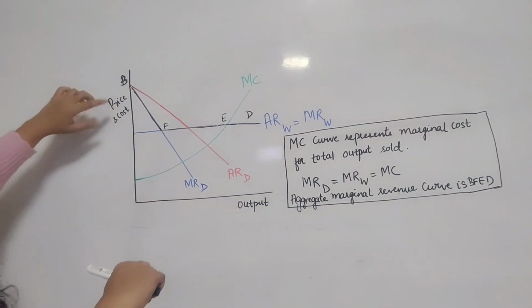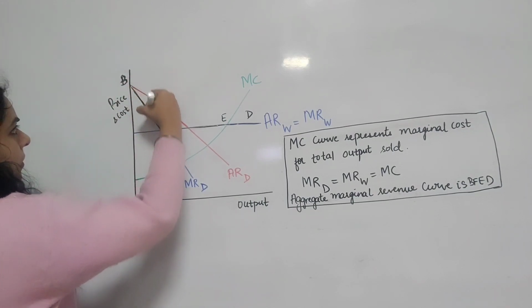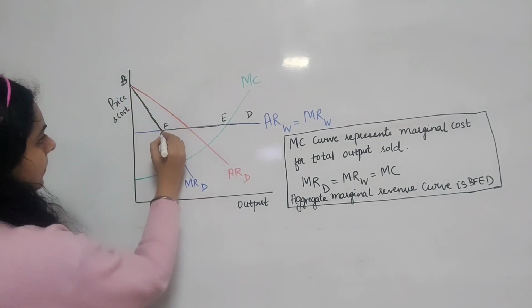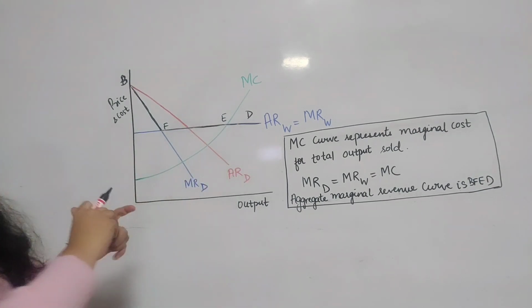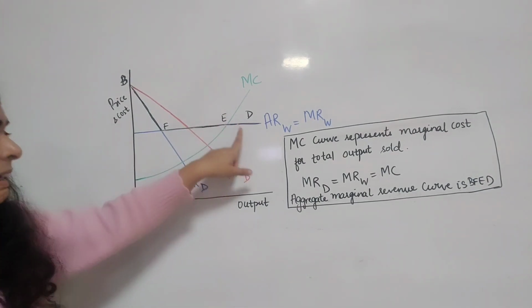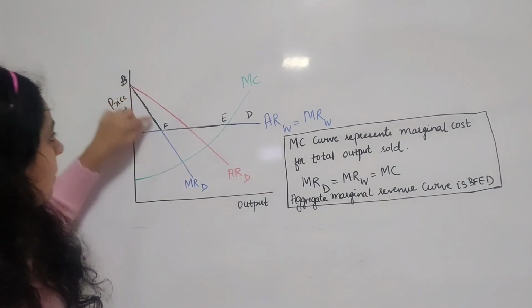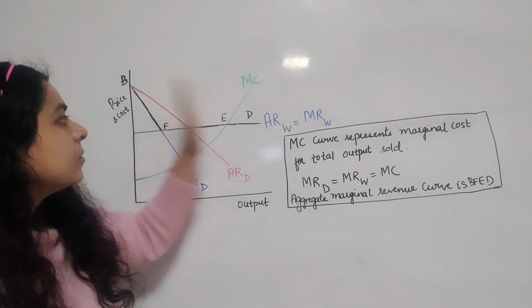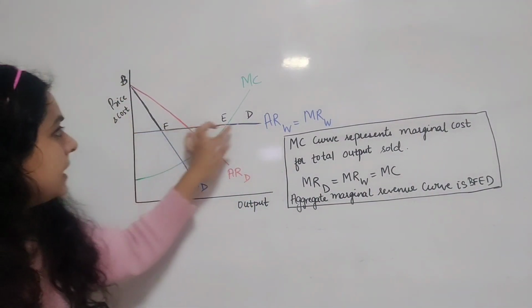This curve, BFED, this portion, is basically the lateral summation of the marginal revenue curve of the producer in the domestic market and international market. So this is the aggregate marginal revenue curve which is faced by the producer for his total output, this portion B, F, E and D.